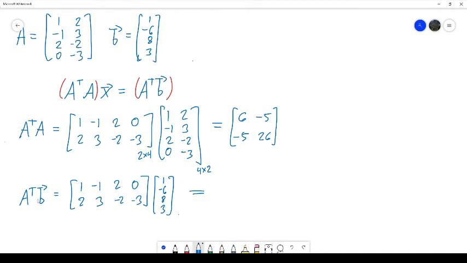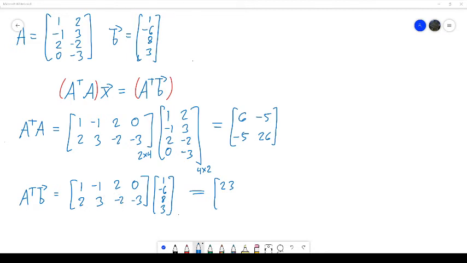And now to multiply these to get A transpose B, we're going to have 1 plus 6 is 7, plus 16 would be 23. And then we have 2 minus 18.